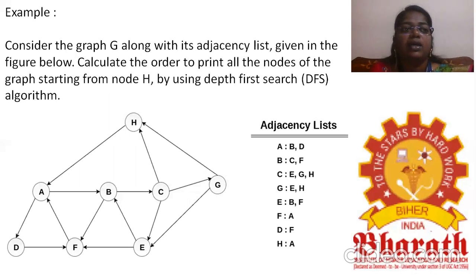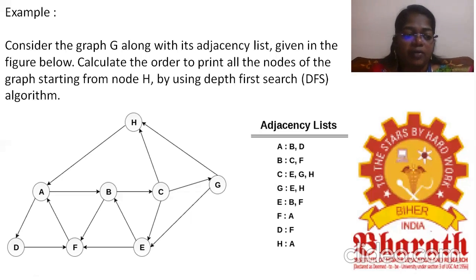Check here, I have given one graph example. Consider this graph G along with its adjacency list. If it is not given, first we have to find the adjacency list for the given nodes.